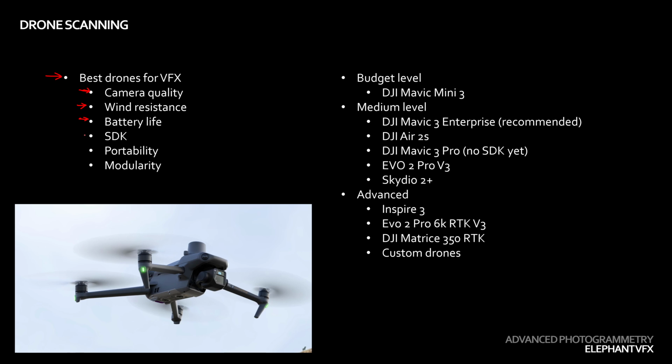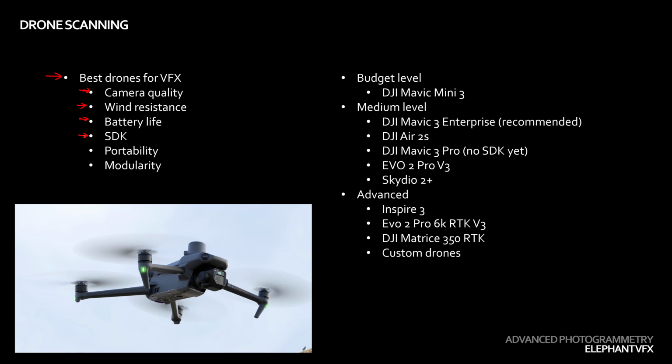Then we have the SDK, and this is extremely important. The SDK is basically a piece of software released by the company that makes the drone, that makes the hardware, so other third-party companies can actually access the hardware via software. That is extremely important because most of the time you're going to be using third-party apps to program your mission flights.